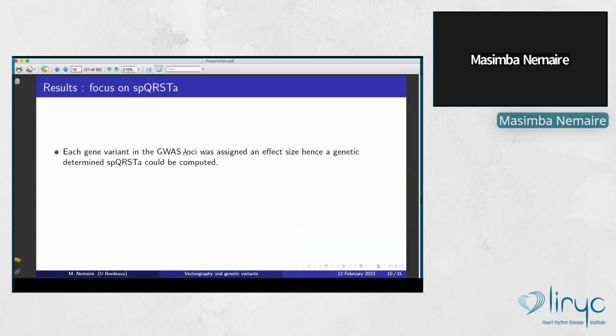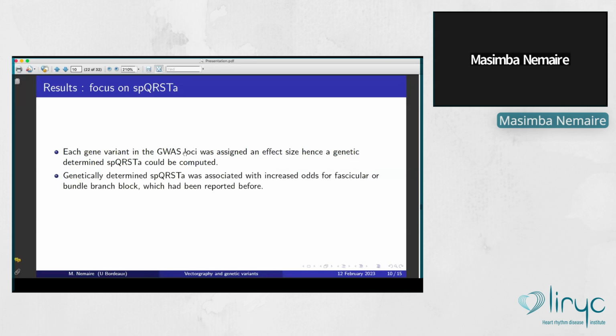So what they managed to do within the study was that for each gene locus that they had, they assigned an effect size. So in theory, just by someone's genetic profile, you can compute what they called a genetically determined spatial QRSTA angle.